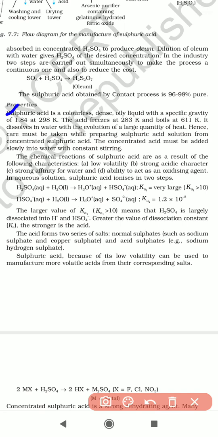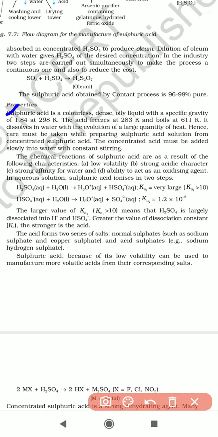It dissolves in water with the evolution of a large amount of heat. That means when sulfuric acid dissolves in water, a large amount of heat energy is produced. That is called a highly exothermic nature, right? So during this dilution a lot of heat energy is produced. How do we dilute this acid?